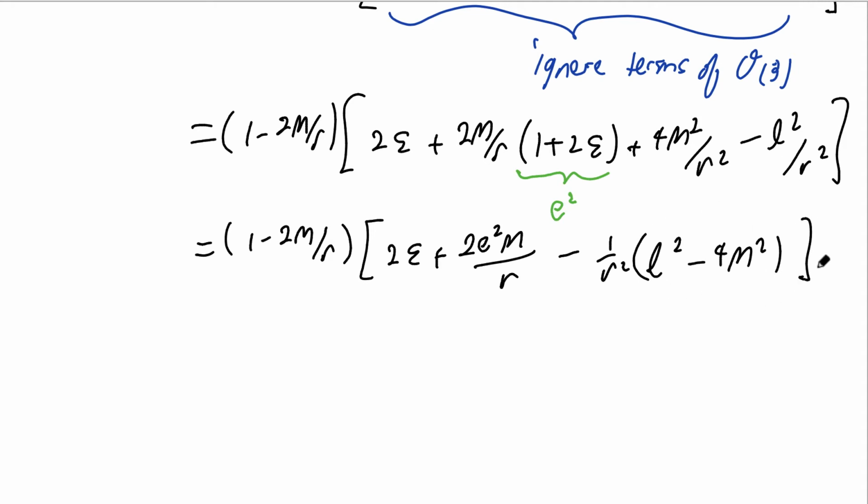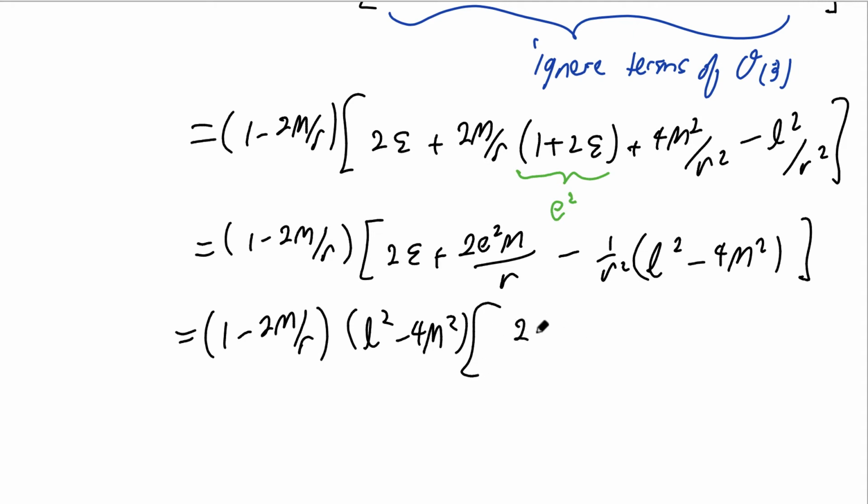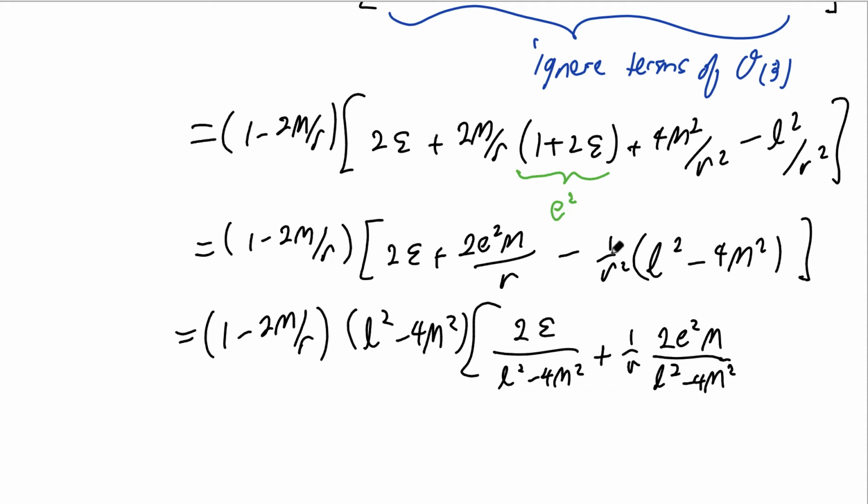And finally, let's factor out L squared minus 4m squared and write this as 1 minus 2m over r times L squared minus 4m squared times 2 big E over L squared minus 4m squared plus 1 over r times 2 little e squared m divided by L squared minus 4m squared minus 1 over r squared.